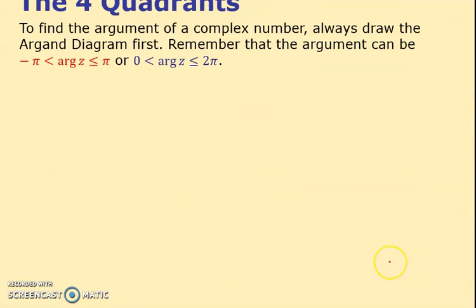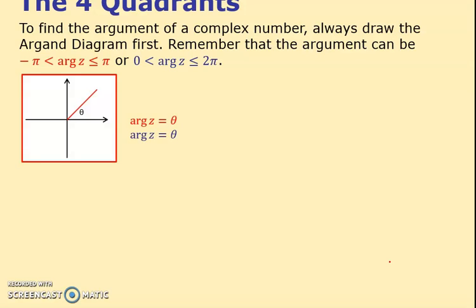The 4 quadrants, I should point this out to you because it's not quite as easy as you would think. Because the arguments can go, first of all, in 2 different ways. So depending on whether you are measuring in the 0 to 2 pi direction, or possibly the minus pi to pi direction, it determines which answer you give.